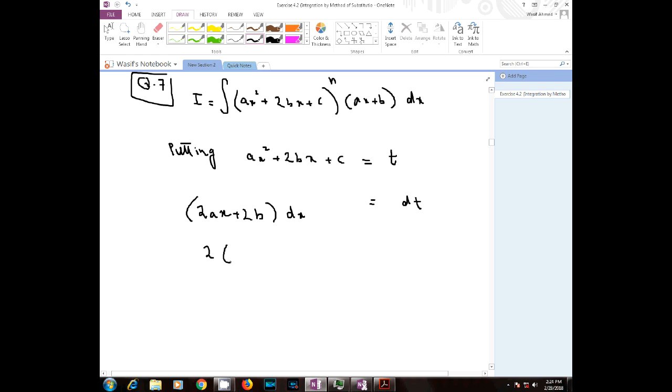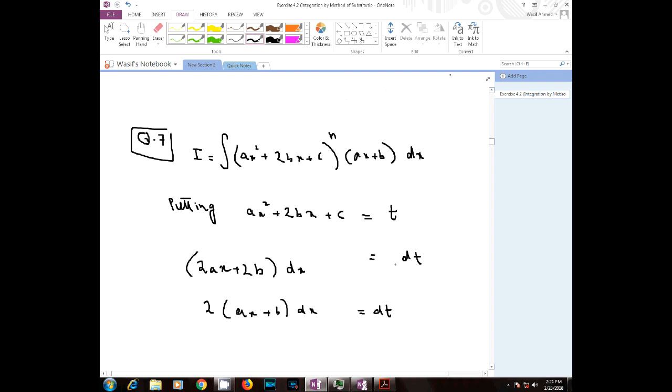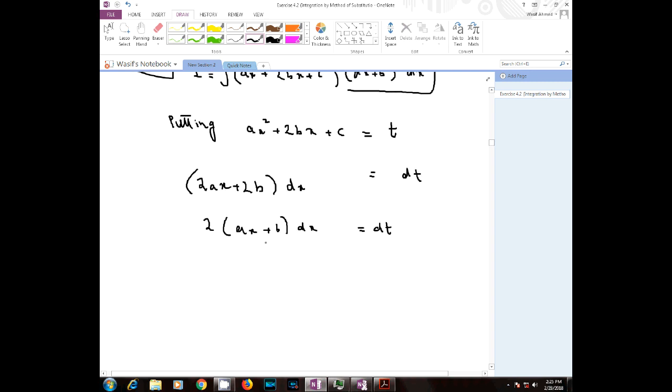So take 2 common between the first two terms, you get 2 times (ax plus b) dx is equal to dt. And note that in the given integral there is ax plus b multiplied with dx.